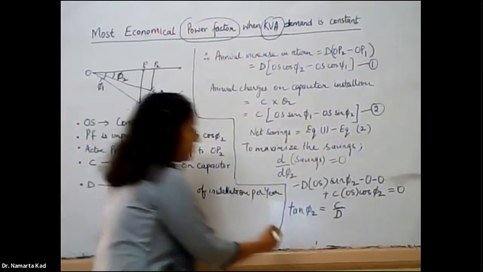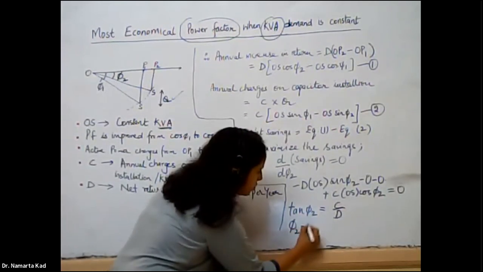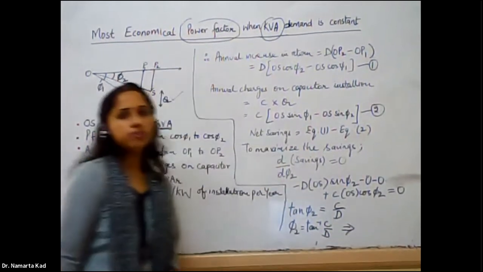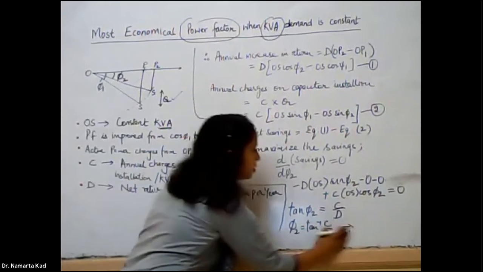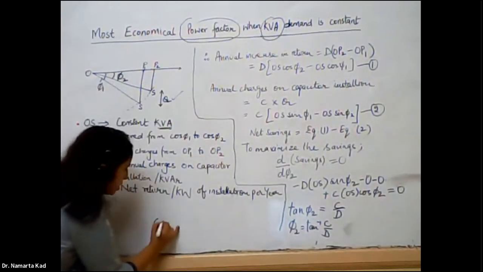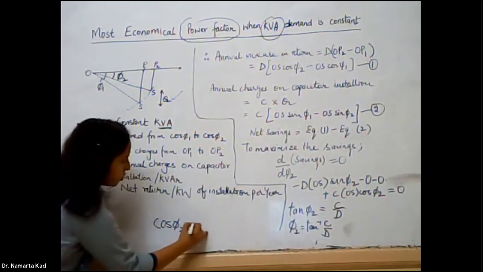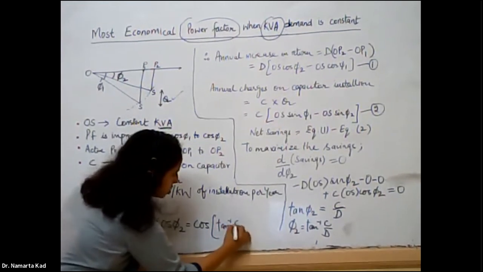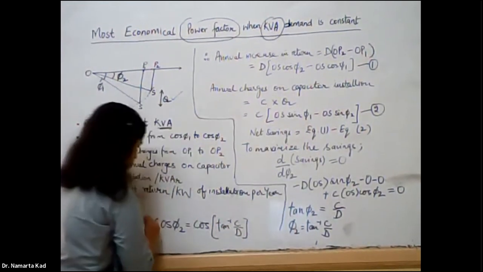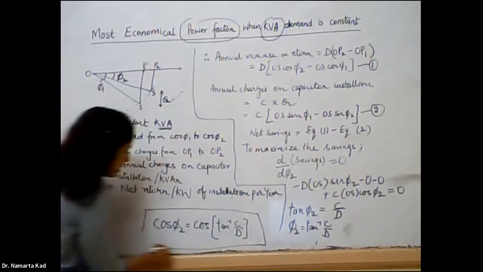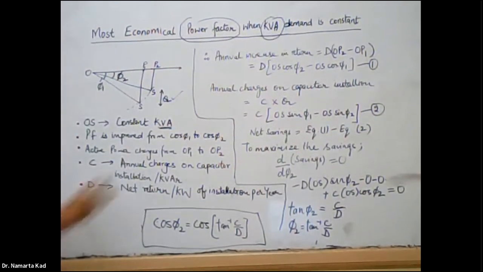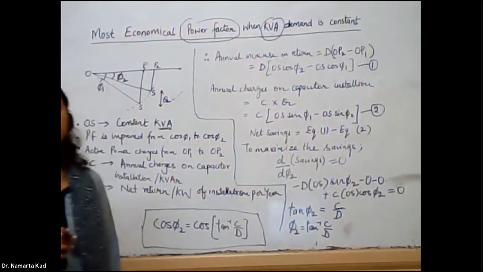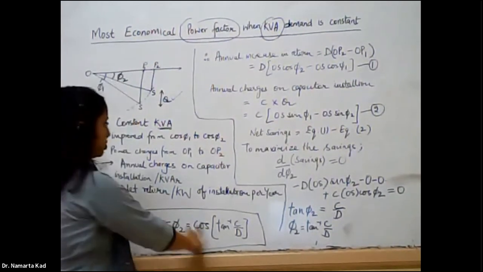And how to calculate the power factor? As phi 2 is equal to tan inverse of C by D, the most economical power factor can be written as cos of phi 2 equals cos of tan inverse of C by D. This is the next relation when kVA demand is constant.